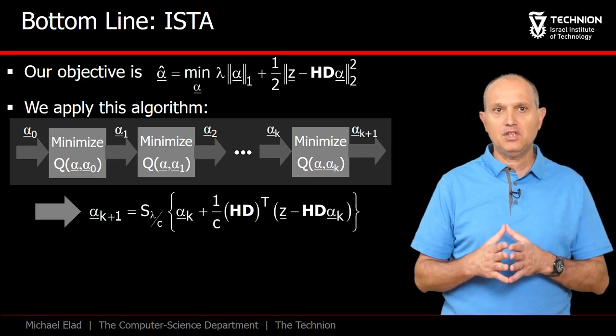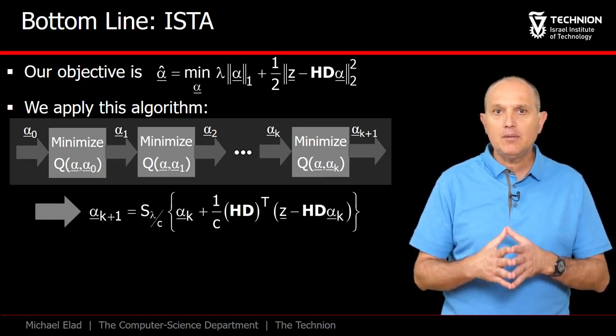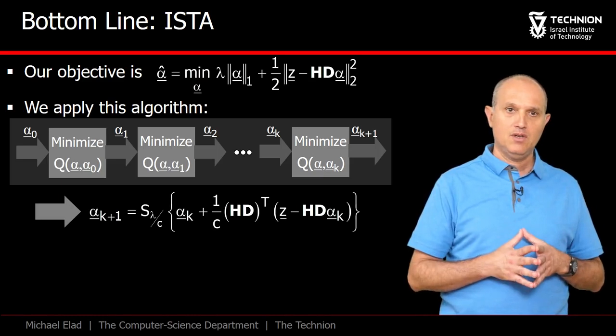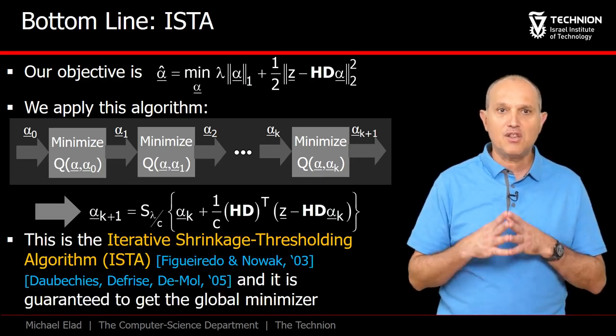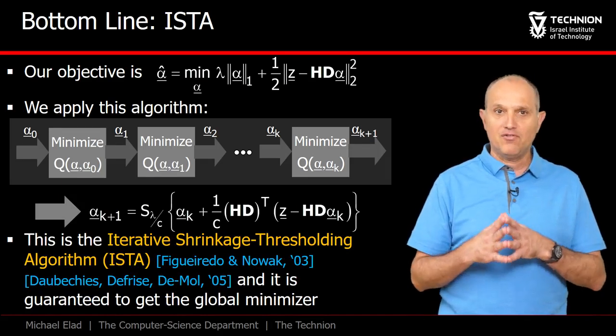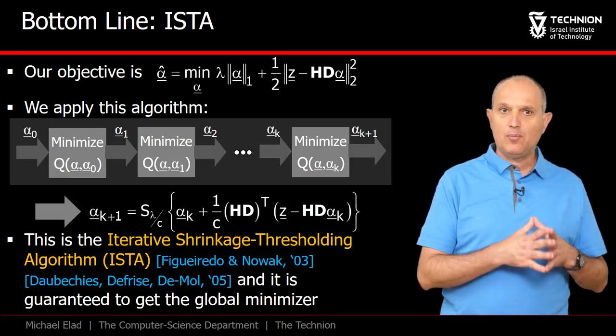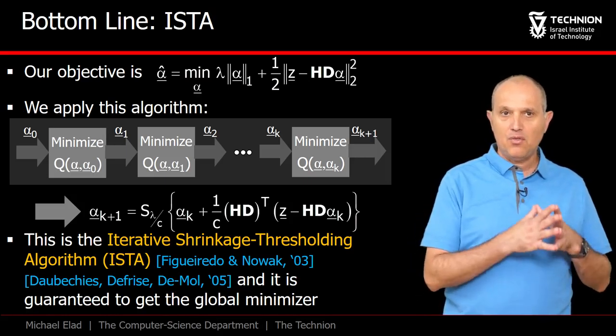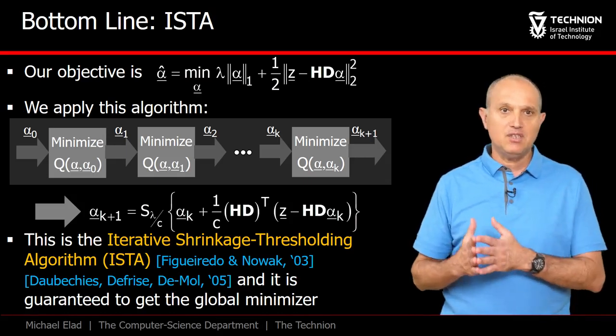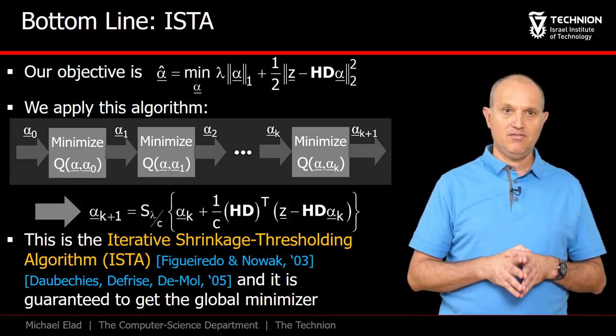This algorithm is guaranteed to lead to the globally optimal solution of the original problem. This is the iterative shrinkage thresholding algorithm, also referred to as ISTA. Variations of this method were proposed by Figueiredo and Nowak in 2003 and by Daubechies, Defrise, and De Mol in 2005.